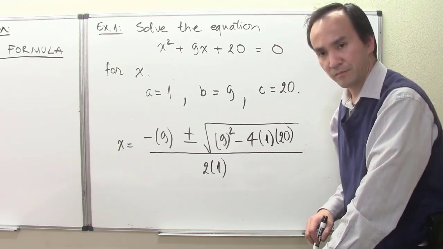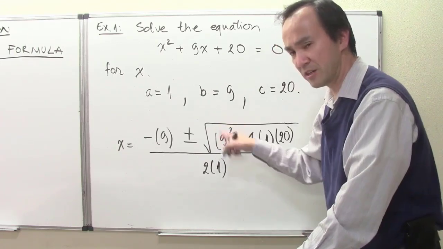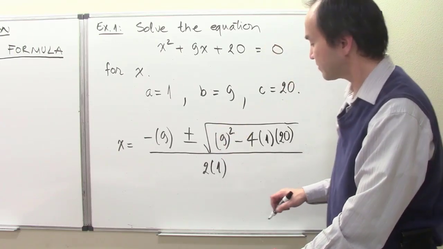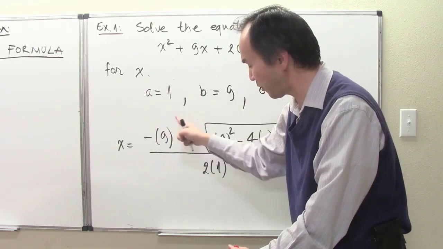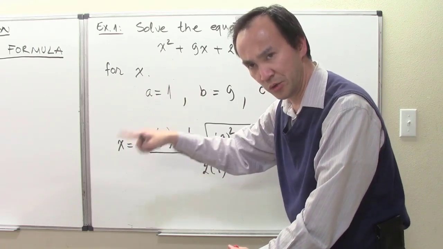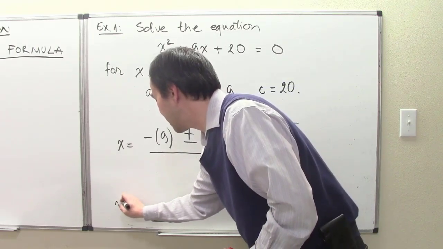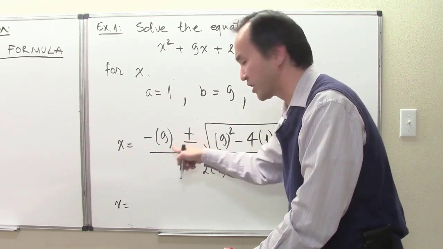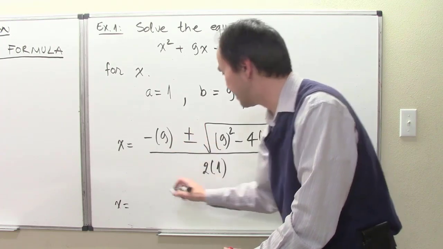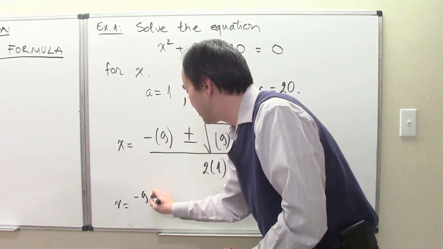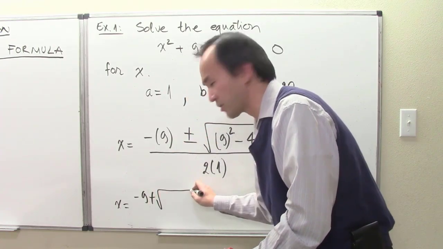Now, as I have explained earlier, this formula is indeed two separate little formulas. On one hand, we're looking at x equals, and now I can start doing calculation at the same time, minus 9 plus the square root expression here.